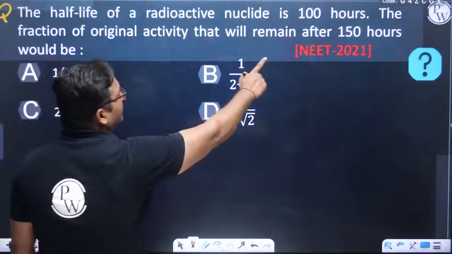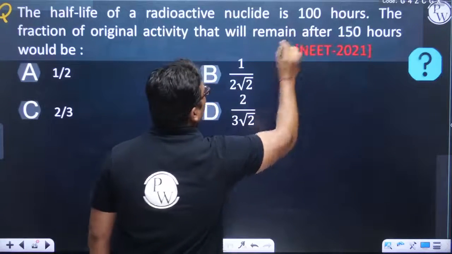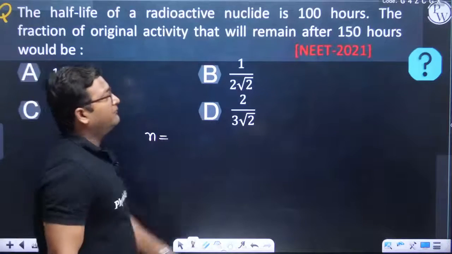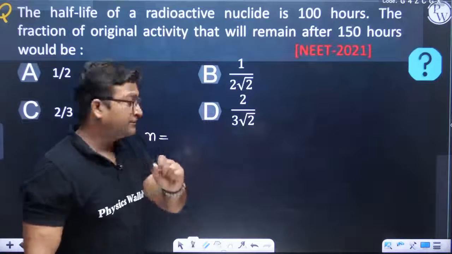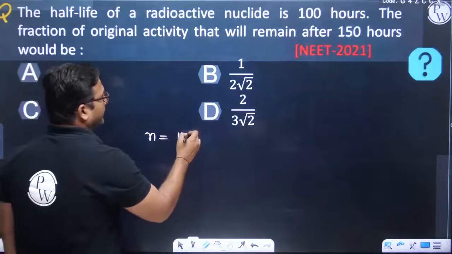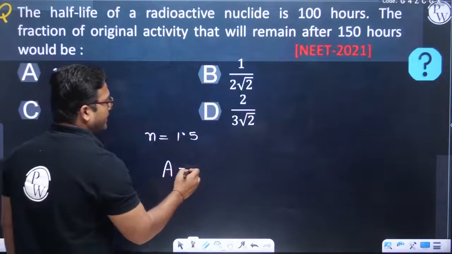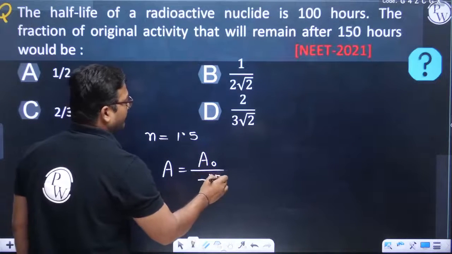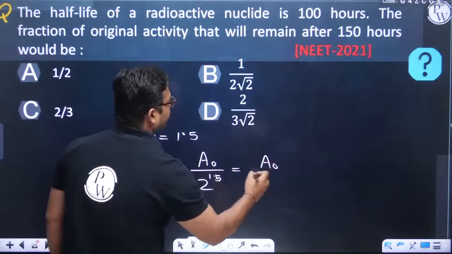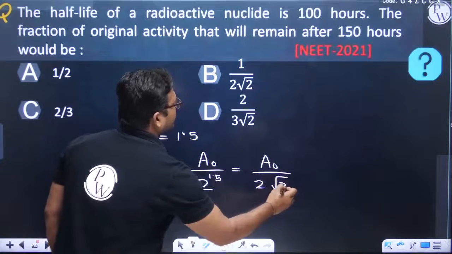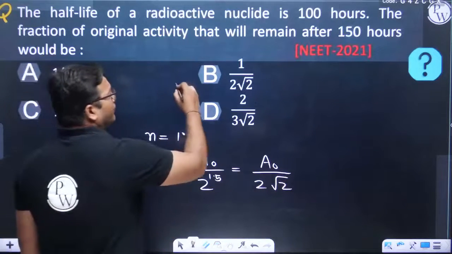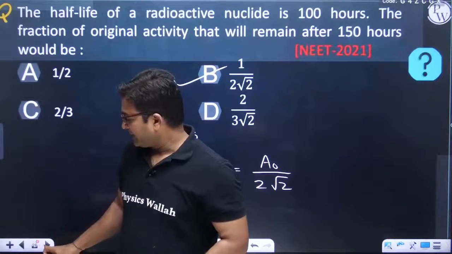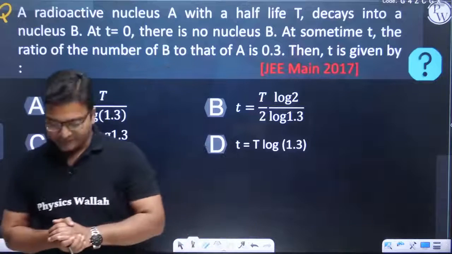So in 150 hours, you can say there are 1.5 half-lives. So the number of half-lives in 150 hours is 1.5, and as A can be written as A naught divided by 2 to the power n, which is 1.5, it can be written as A naught divided by 2 root 2. So the perfect fraction is 1 over 2 root 2, a very similar question to the first. Okay, let's move to the next one.